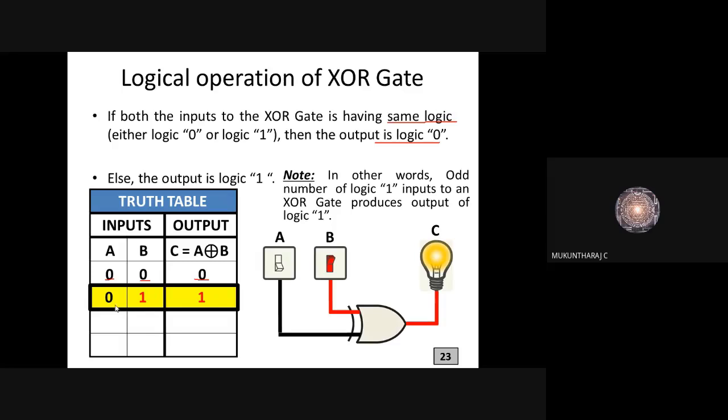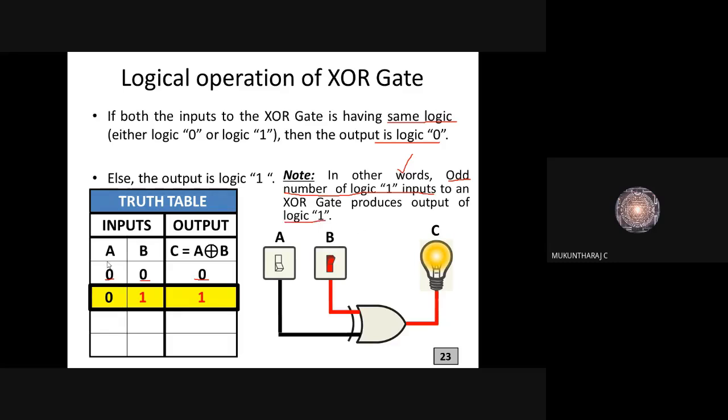Then the second condition. If you are applying 0 on the input A and 1 on the input B, for this condition, output is logic 1. Here you can clarify just with this alternative statement: odd number of logic 1 inputs produces logic 1 output.